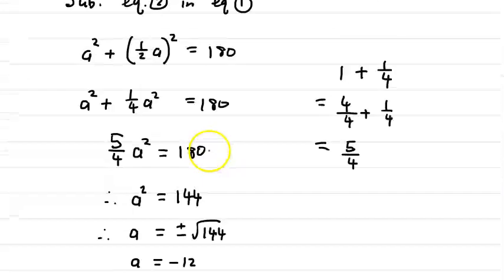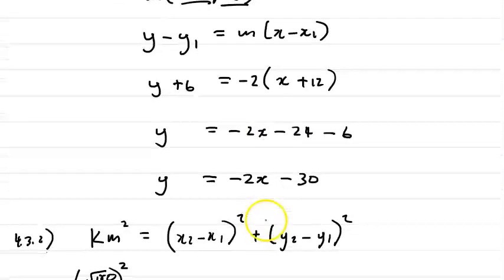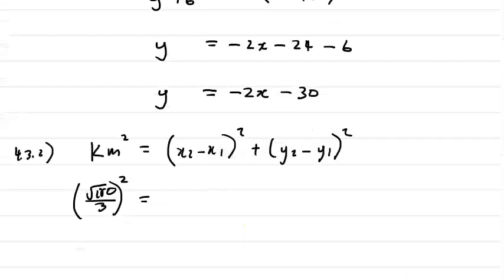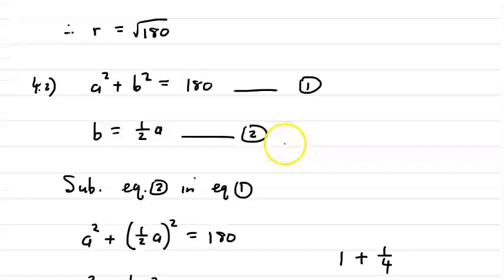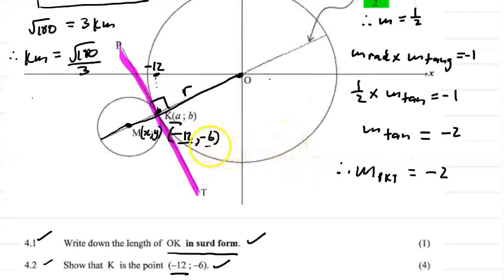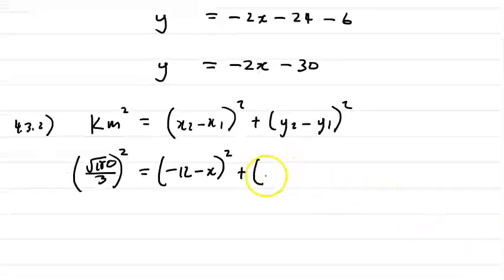Then x2 minus x1. Let's write that down. So there's my x value here. So minus 12 minus x. That's going to be (-12 - x) all squared plus y2 minus y1, which is (-6 - y) all squared. Let's write that down.